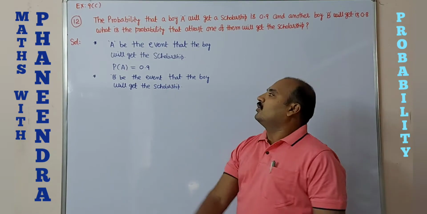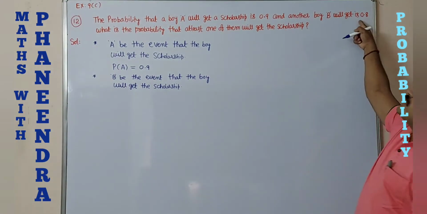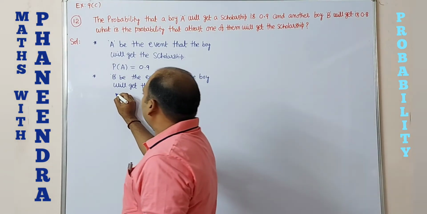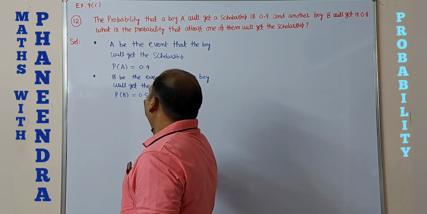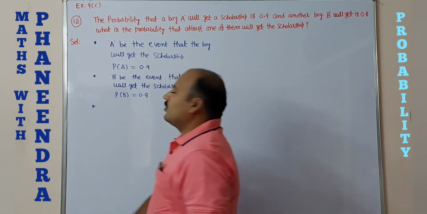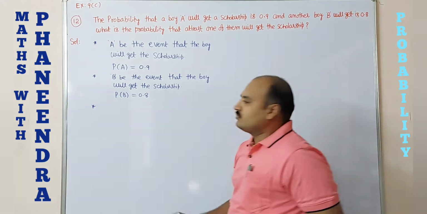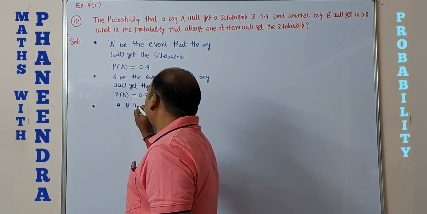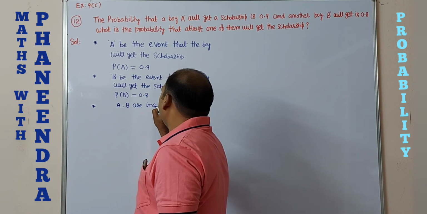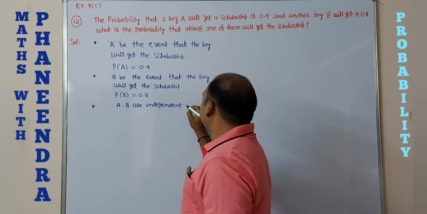The probability that boy B will get the scholarship is, how much is it given? 0.8. So P of B equal to 0.8. From the observation, they are getting it individually, so A, B are independent events.